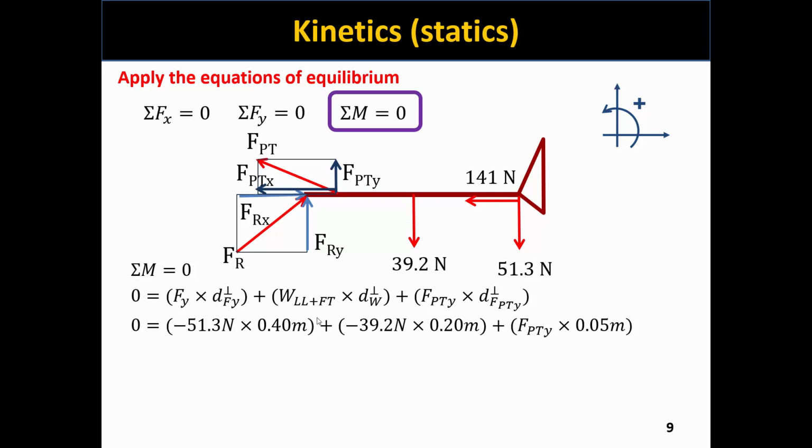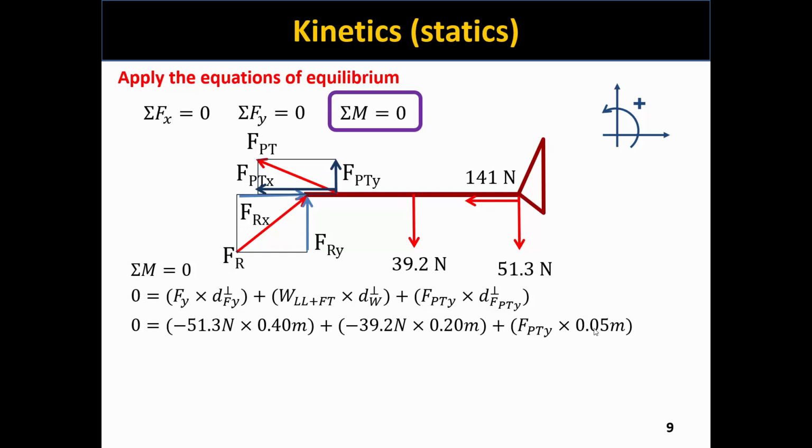That product will be added to the product of the negative 32.9 times its moment arm, which is half of the total length of the lower leg, which is 0.2 meters, and then the force of the patellar tendon in the y direction, which is an unknown. And if you recall on a previous slide, this was one of the unknowns, and so now this will appear in our moment equation, and we know what its moment arm is.